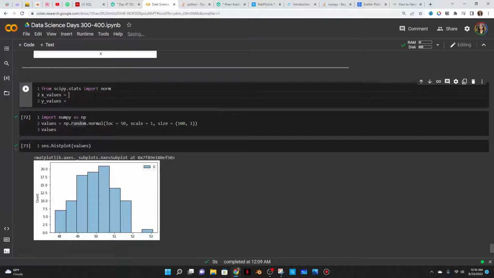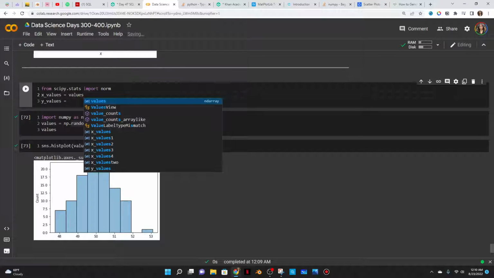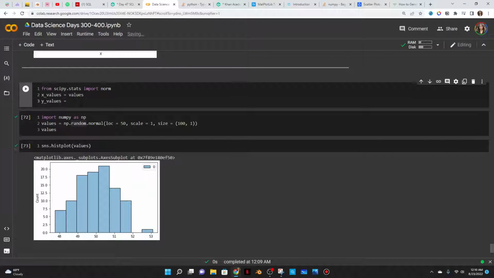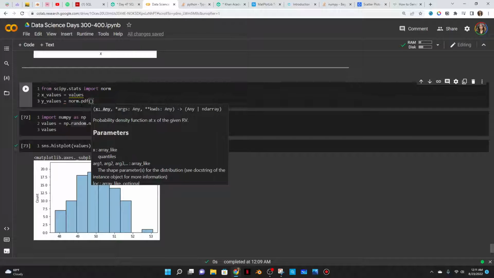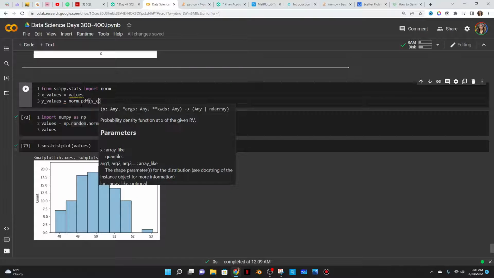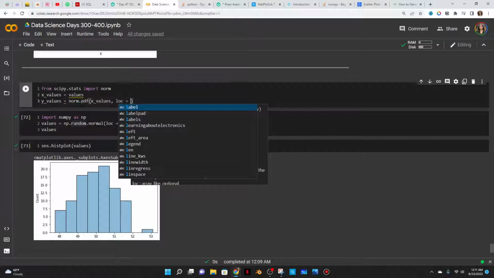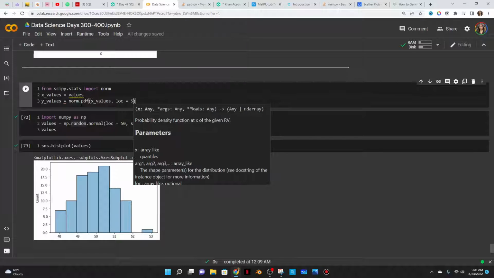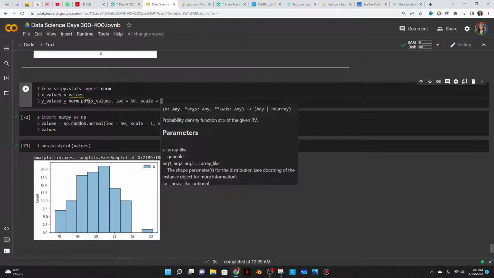Actually, wouldn't I just do values here? No, that wouldn't make sense. Then what would be the y values there? So I could do norm.pdf, and then it would be the x values with a loc of 50 and a scale of 1.